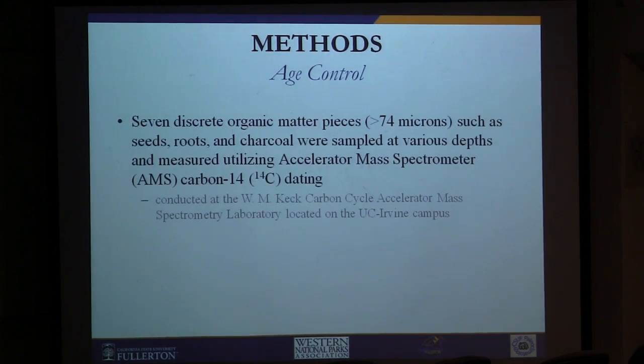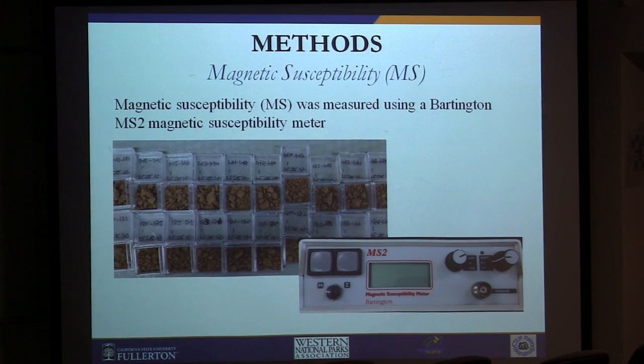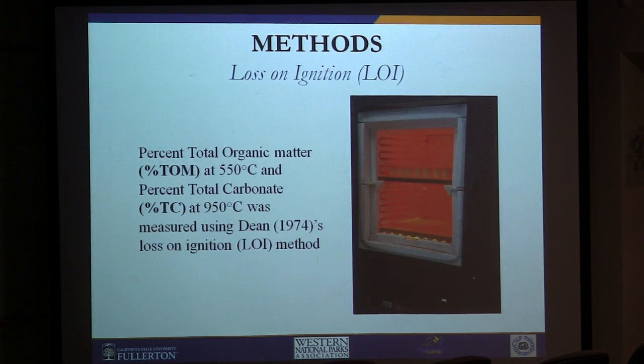For age control, we use 7 discrete organic pieces. We use seeds, roots, charcoal, all sampled at various depths. They were measured using the accelerator mass spectrometer, carbon-14 dating. For magnetic susceptibility, we use the Bartington MS2.